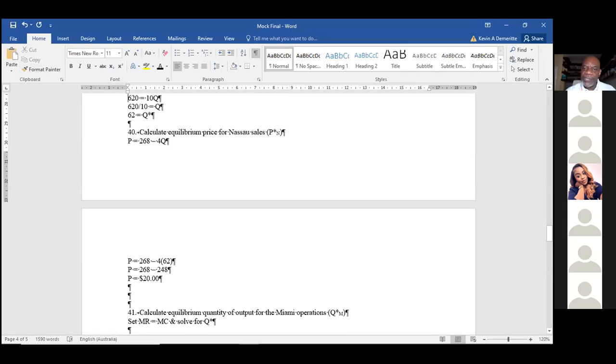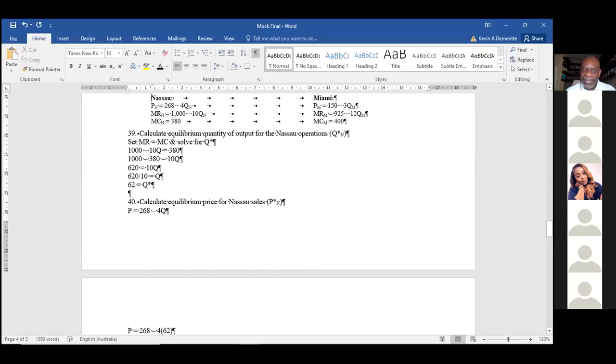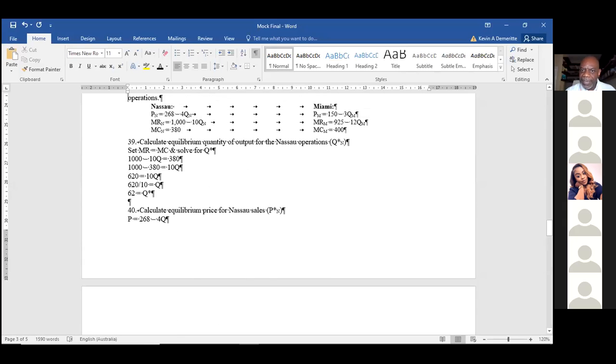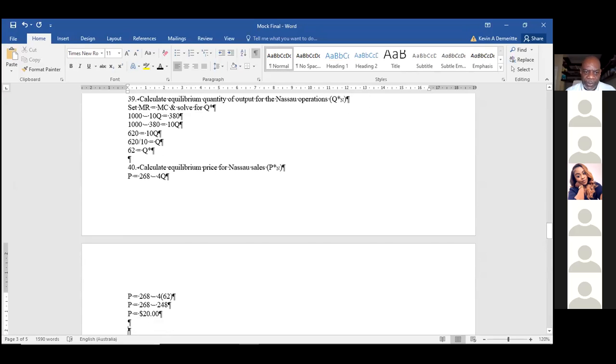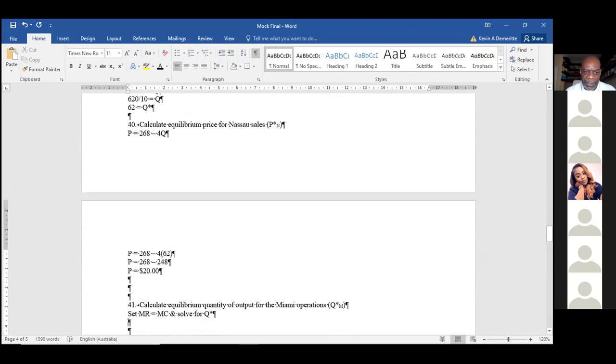So we need the Miami marginal revenue. The Miami marginal revenue is 925 minus 12Q. And that's equal to 400, the Miami marginal cost.